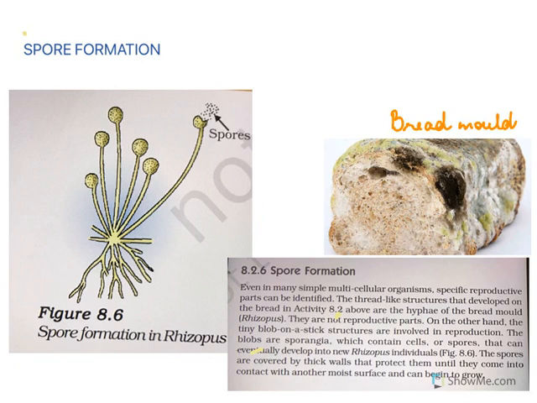Now the spore formation in Rhizopus, which is a bread mold, involves these structures. Here you have these long thread-like structures and they are called the hyphae. At the end of the hyphae is a bulb-like structure called the sporangium.